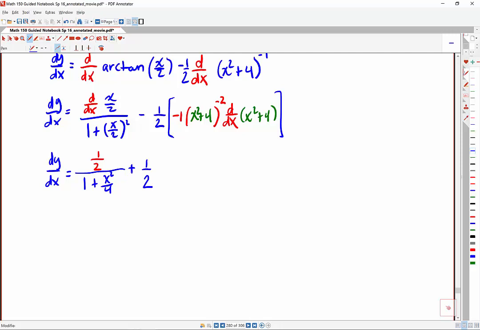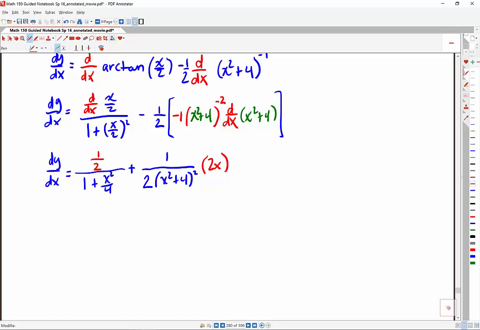And then we'll have our x squared, I'll write that as a fraction. So we have really 1 over 2 times the quantity x squared plus 4 squared. And then we're going to multiply that by the derivative of that inside, which is 2x.